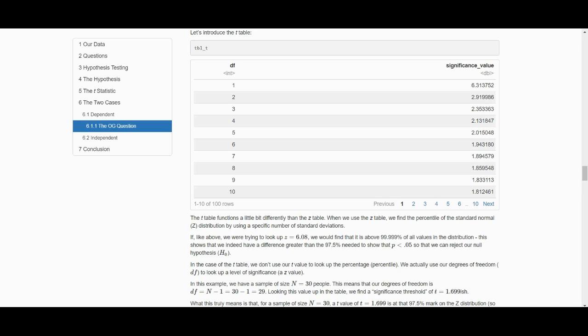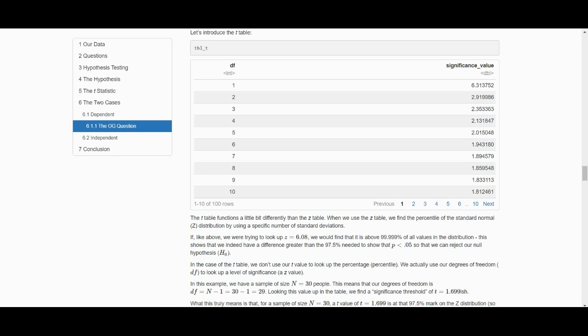This shows us what percentage of the distribution lies below that z-score. And of course, we would only need 97.5% of the scores lying below to show that p is less than 0.05, that we can reject the null hypothesis.